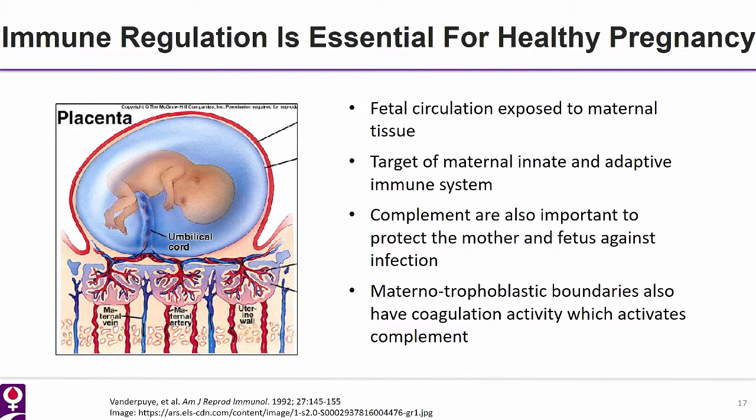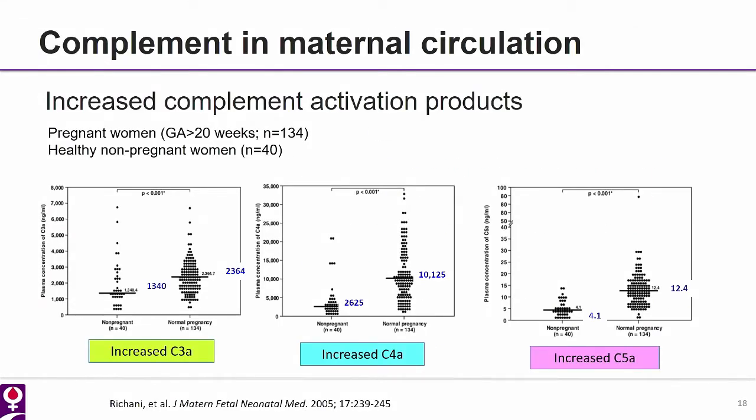So this suggests that there is an activation of complement during pregnancy, and studies have shown heightened complement activation during pregnancy. In this study, they studied around 134 pregnant women who were more than 20 weeks of gestational age, and compared the different complement activation fragments in the circulation with healthy women.